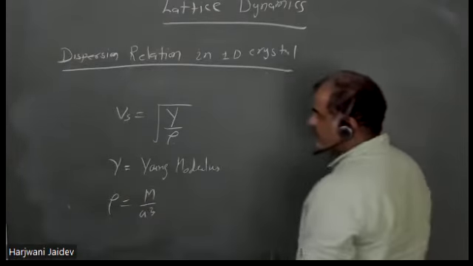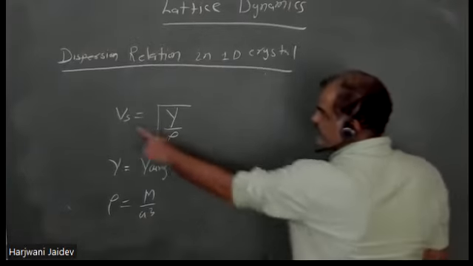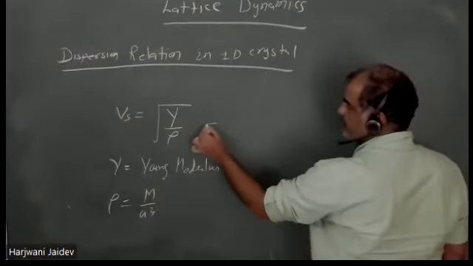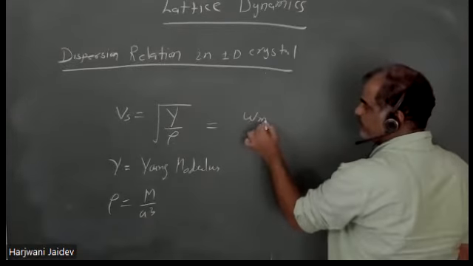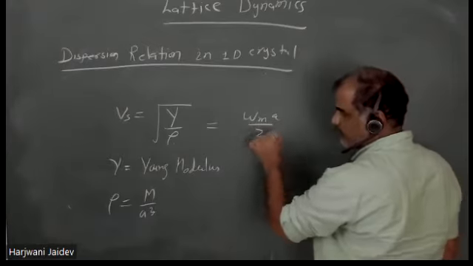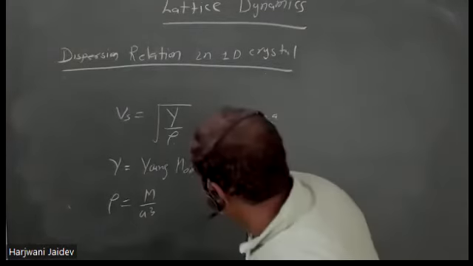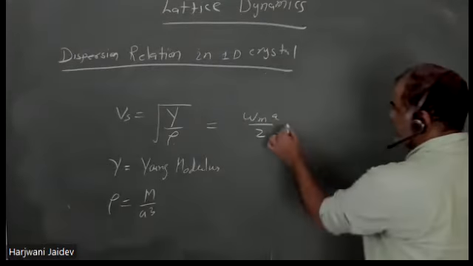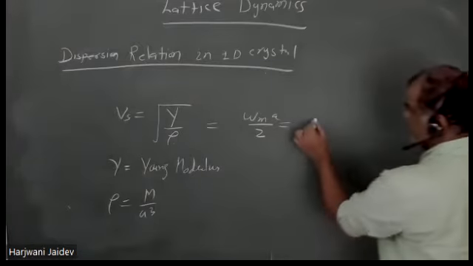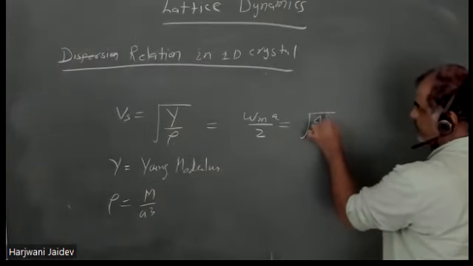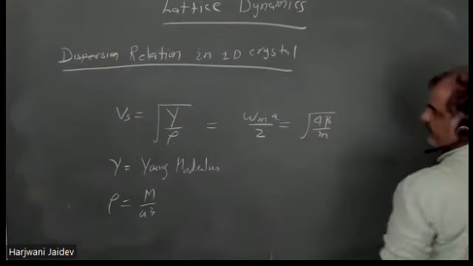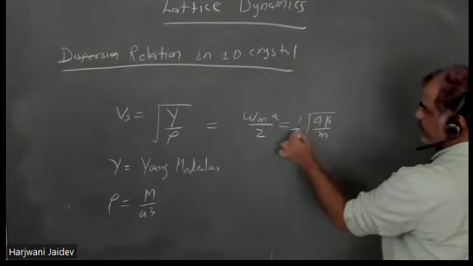Now just now we have seen what our vs is. Our vs was omega m a by 2. And we know what omega m is. Omega m is root of 4 beta by m.